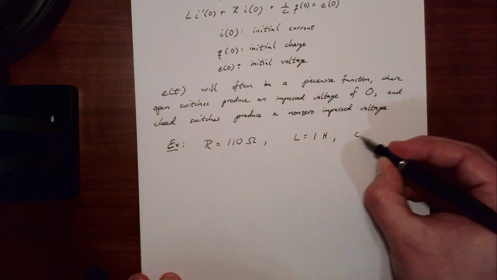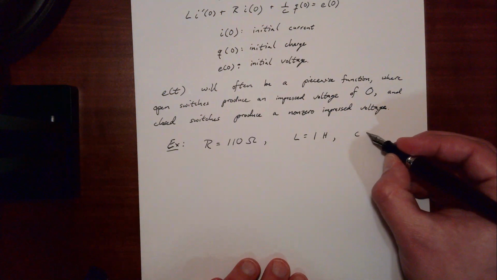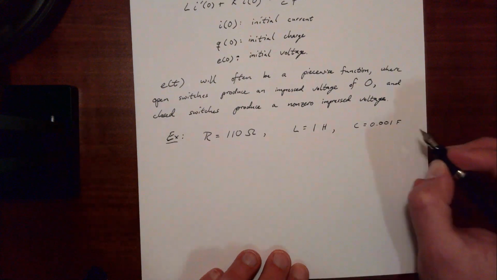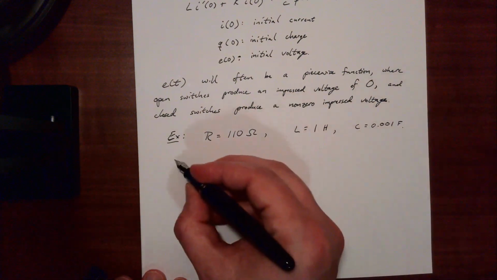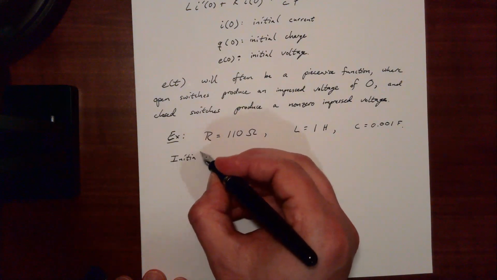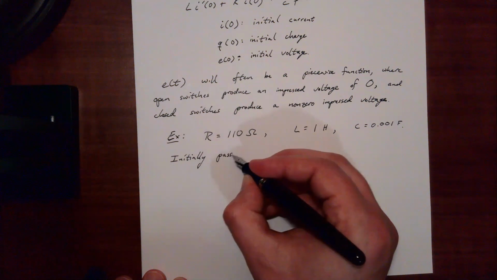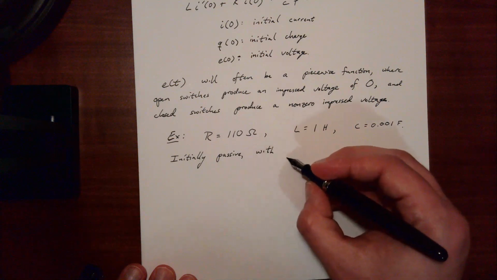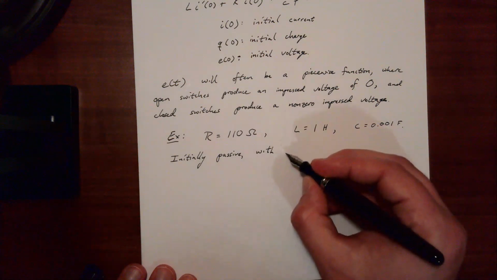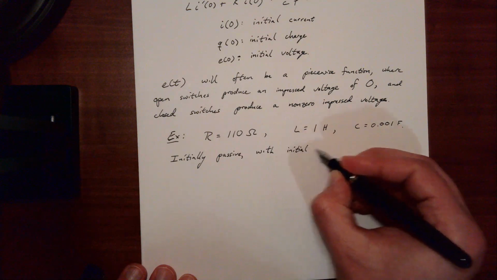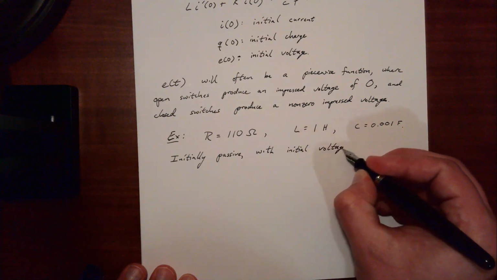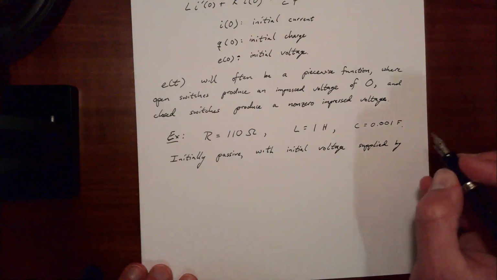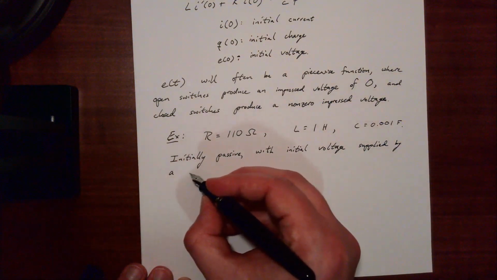We have a capacitance of 0.001 farads, and it is initially passive, with initial voltage supplied by a 90-volt battery.